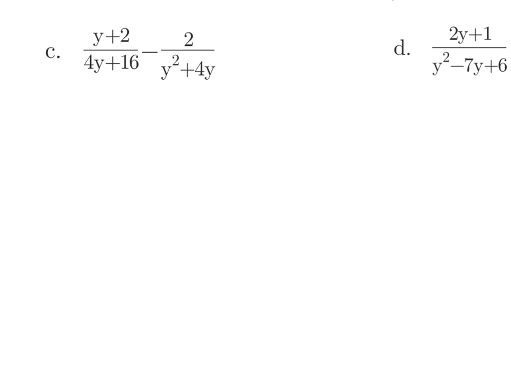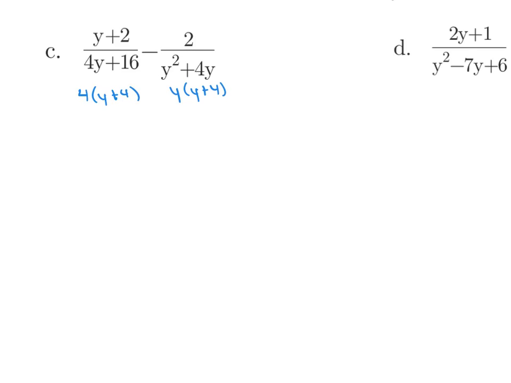Okay, so before I find my LCD, I want to go ahead and factor so that we can see what we're working with. So for 4y plus 16, I can factor out a 4, and I am left with y plus 4. In y squared plus 4y, if I factor that, I can factor out a y, and I am left with y plus 4.